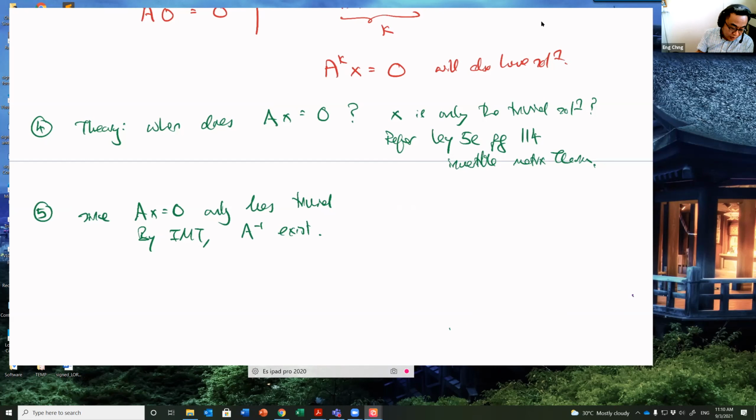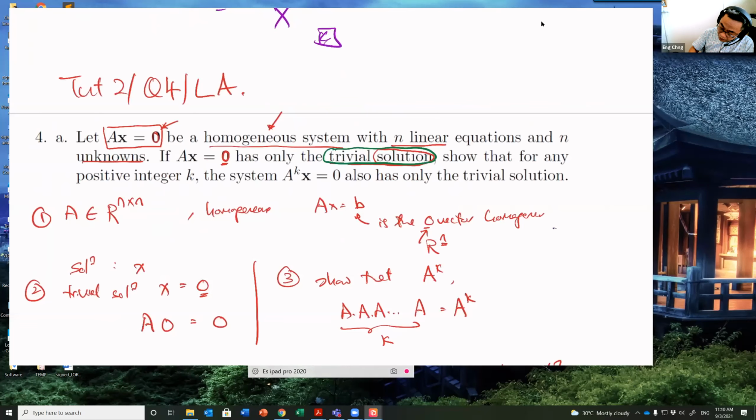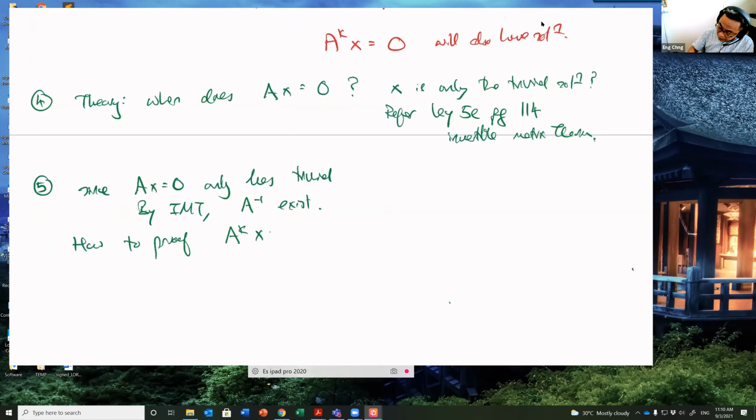We say A minus 1 exists. How are we going to prove, how to prove A^K X equals 0 only has the trivial solution? I guess this was the question. So we prove by contradiction.